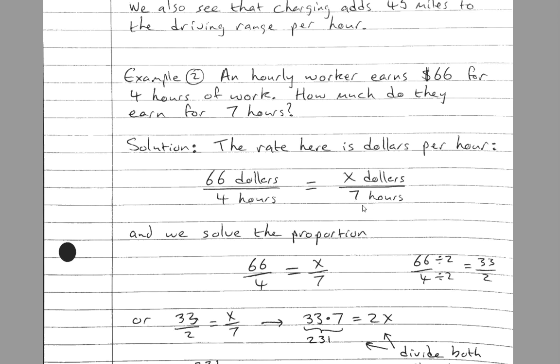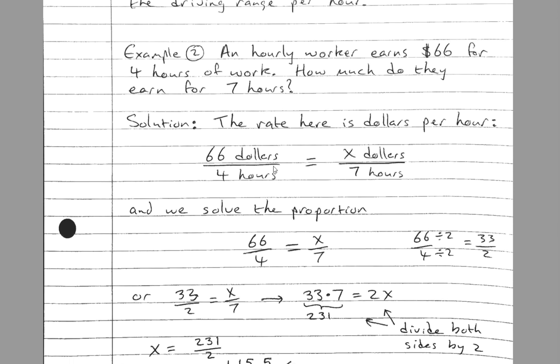So we have the same rate here. Again, put the hours on the bottom, 7 hours. And we're looking for the x, how much they earn in this case. All right, it's set up now.